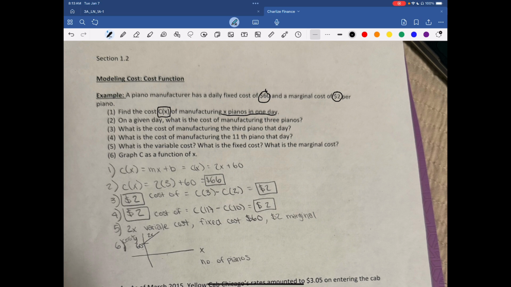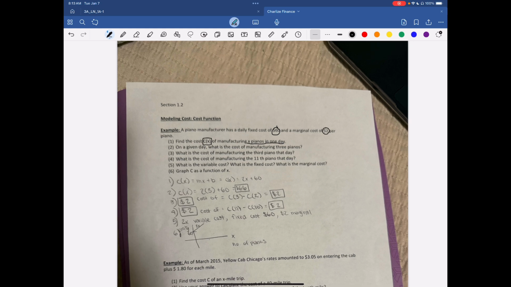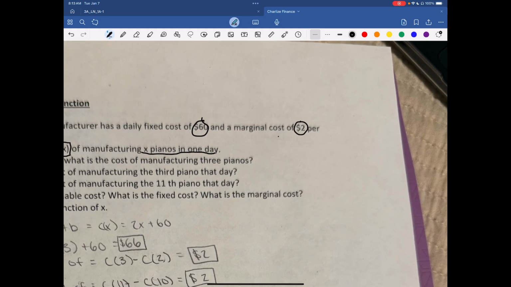So if I am thinking about this, it's saying a fixed cost of $60 plus 2 times the number of pianos. That's what I'm thinking about.